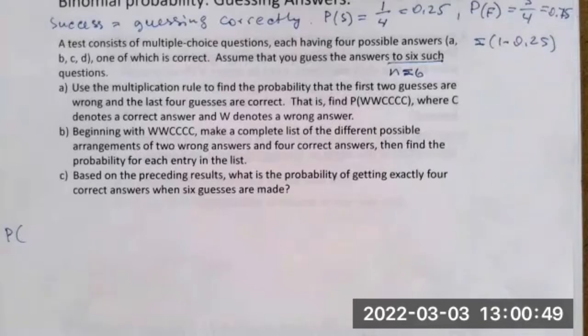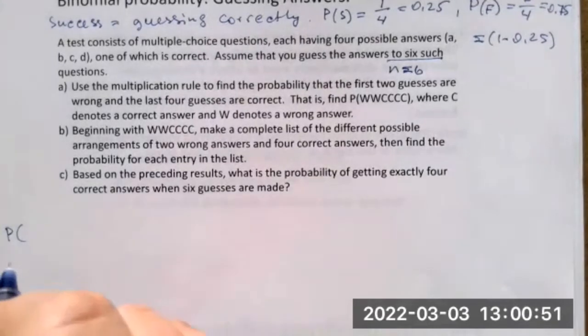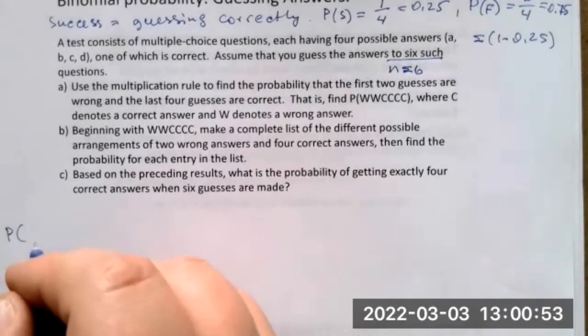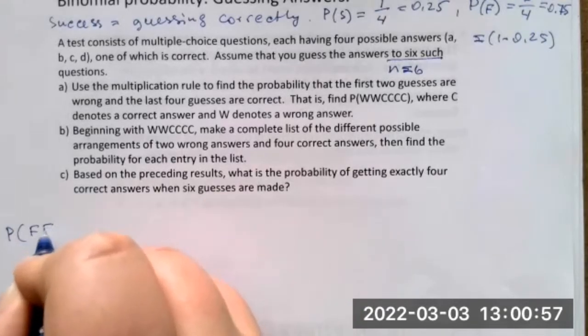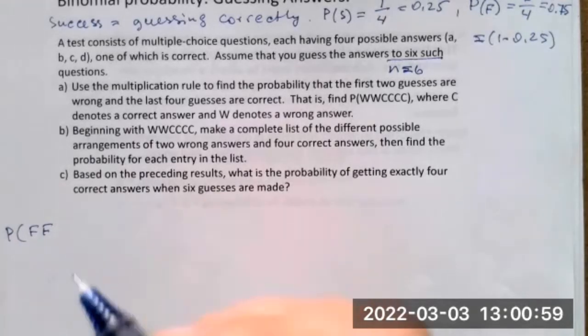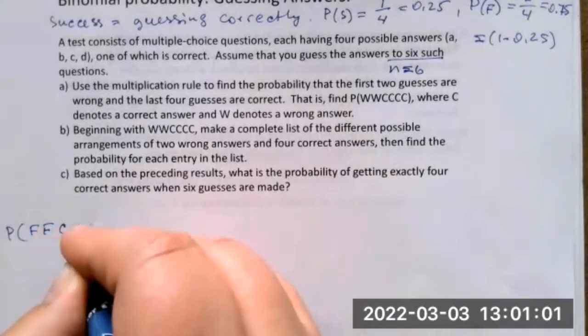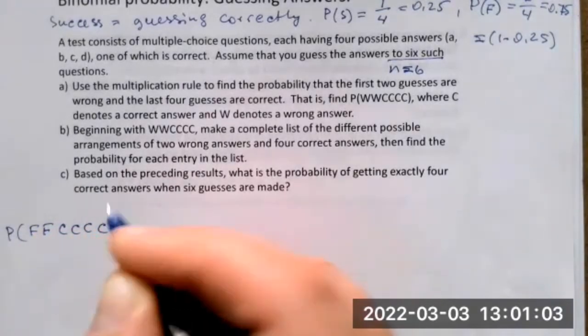So now we're looking for the probability of this sequence. The first 2 questions are wrong. So failure, failure, and the rest are correct. So we have 4 correct answers.